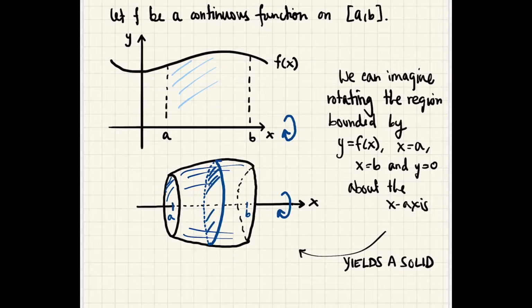We will multiply that area by a tiny, tiny differential width, which we can call dx. And then we will have the volume of that disk. And then we'll use an integral to add up an infinite horizontal stack of those disks, and that will give us the volume of this entire solid.